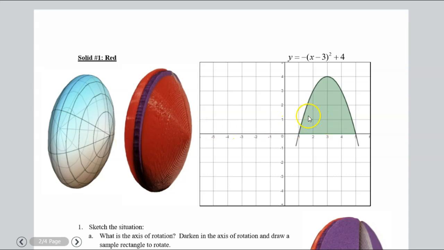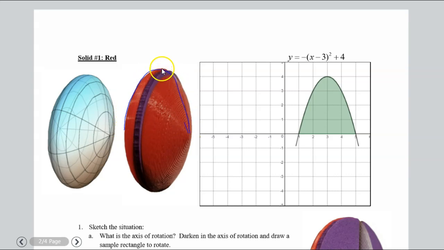So the disc here that I have is this red one. The first question we're looking at is, what is the axis of rotation? So you can think of trying to picture where that axis of rotation is going to be. You can kind of see there's this parabola that's going from that side all the way over to this side.